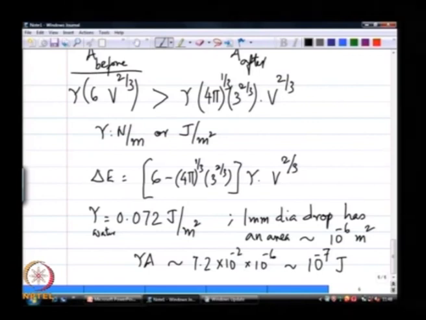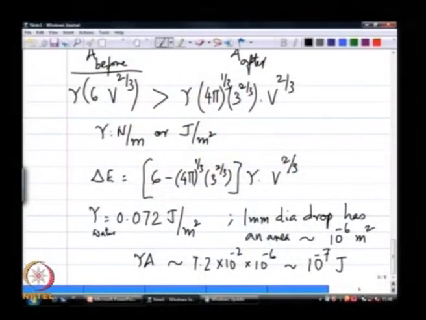Ten power minus 7 joules, that is approximately, I mean an order of magnitude, the kind of interfacial energy we are talking about for the case of a 1 mm diameter drop. If 1 mm is the diameter of the drop, that is 10 power minus 3 meters, the interfacial area is on the order of 10 power minus 6 meters squared. The 10 power minus 6 multiplied by this gamma for water, which is 0.072, I am approximating 7 to be like a 10, for example, in this simple calculation.